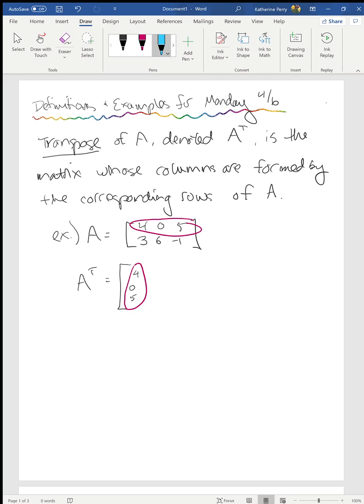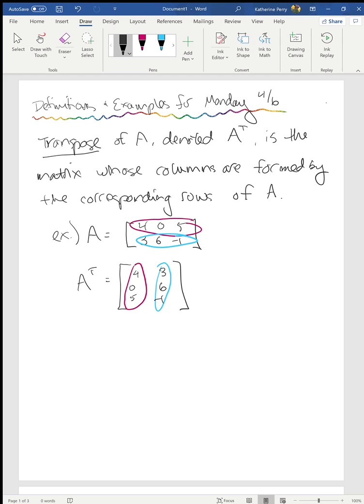And similarly, my second column of A transpose will be equal to the second row of A. So I'll have 3, 6, -1.